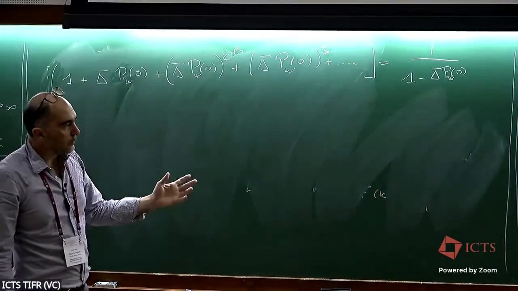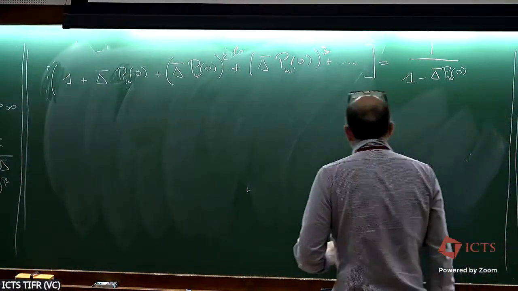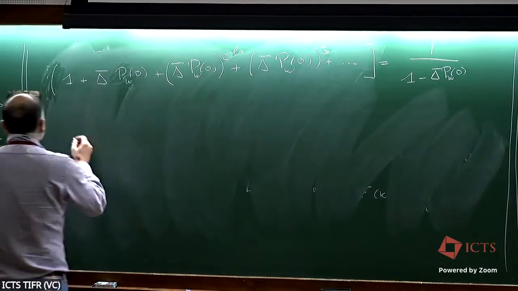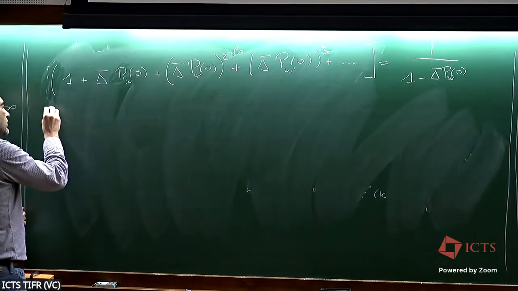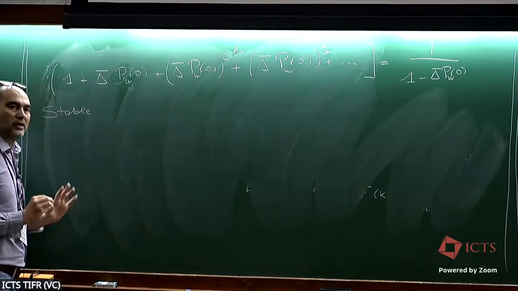And so now we can write what is going on for the stable blocks, all the generations, okay? The blocks that were not part of the avalanche.